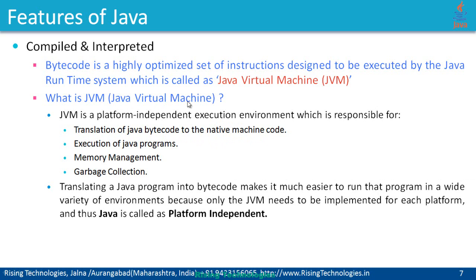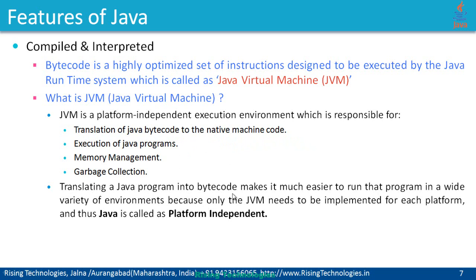Secondly, this JVM is also responsible for execution of the Java program, memory management, and garbage collection. We are going to study garbage collection in later sessions, but today just understand that the JVM is responsible for execution of your Java program along with translating your bytecode into underlying machine code.